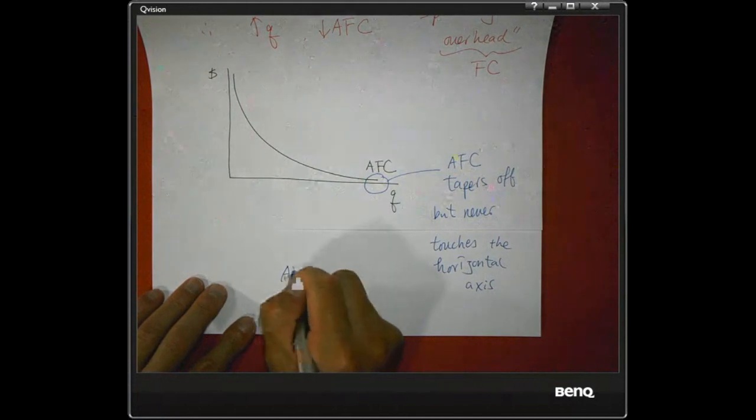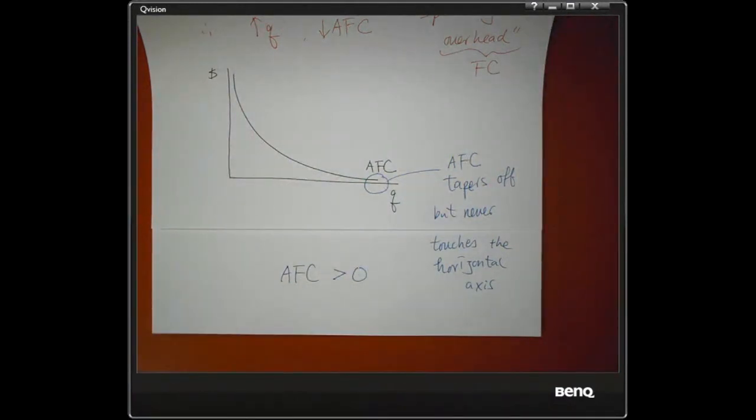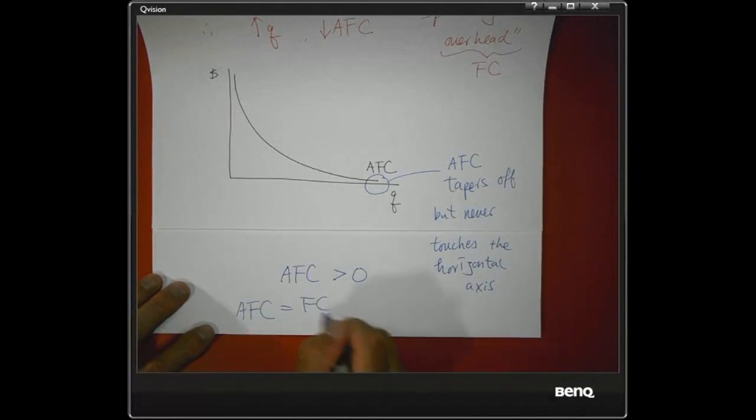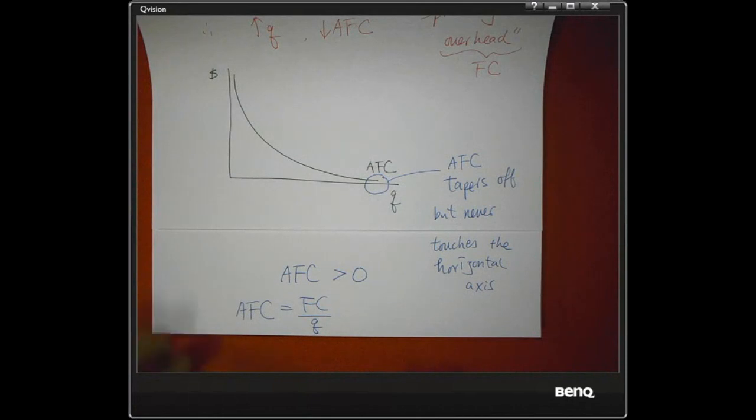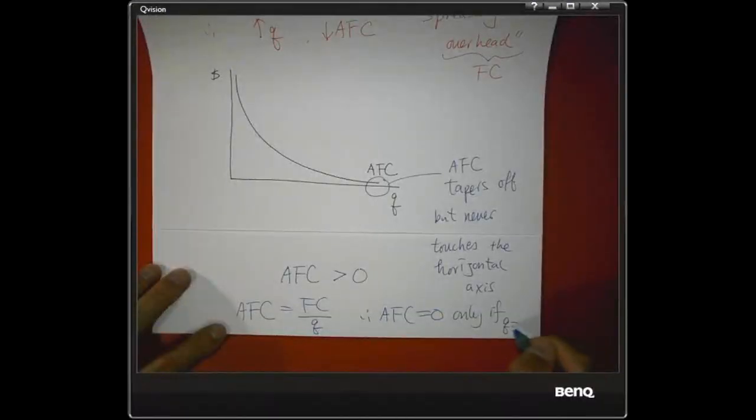That is, the average fixed cost is always greater than 0. Average fixed cost is equal to fixed cost divided by output, and therefore, average fixed cost would equal 0 only if output equals infinity. Anything divided by infinity is 0.